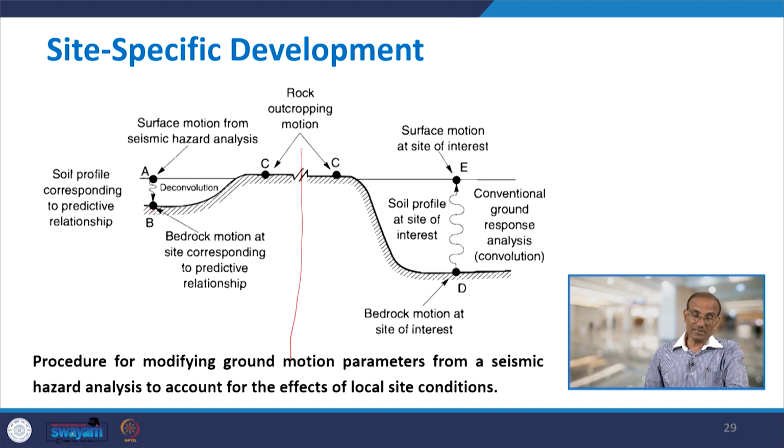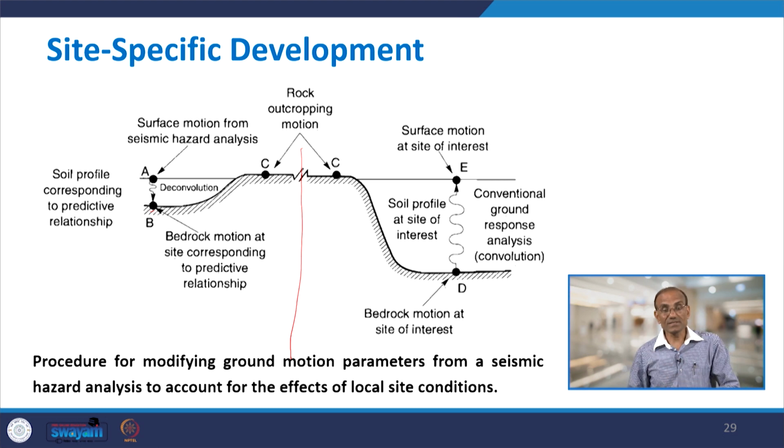So, let us say the surface motion from seismic hazard analysis is available at point A, and point A is not a rock outcropping motion, rather point A is located on top of a soil column. Below point A you have a soil column, and below the soil column you have point B, which is called bedrock motion at site corresponding to predictive relationship.